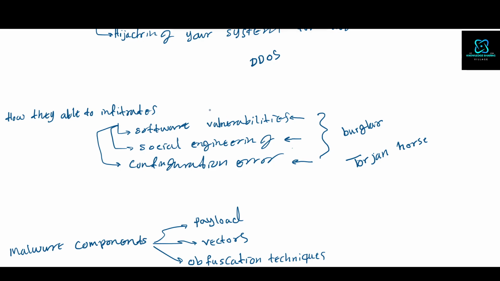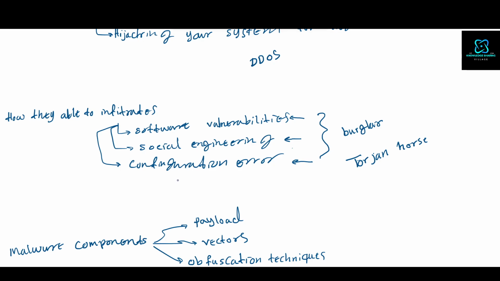They can use weaknesses in the software system, the software that you are using. They can use the worker by using social engineering. We will talk about what is social engineering in the section that is specifically about social engineering.